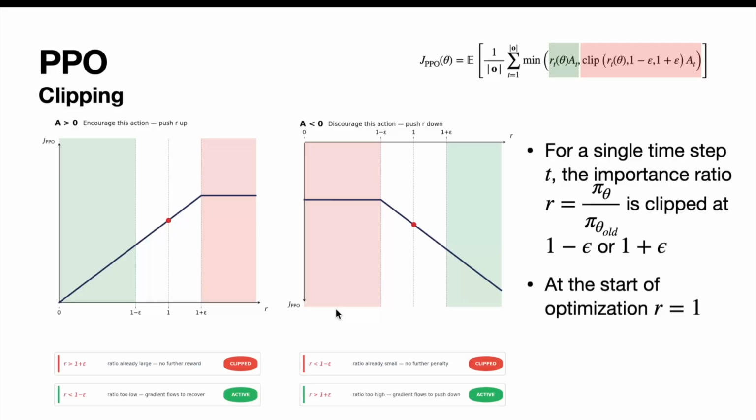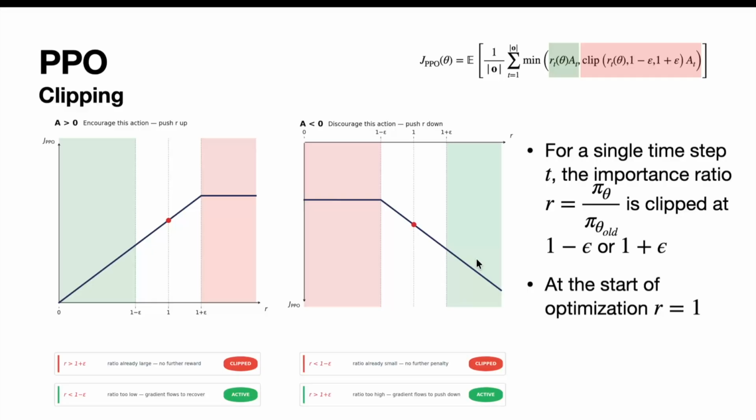But again, PPO does not want the update to go too far. Once R is smaller than 1 minus epsilon, the objective becomes clipped. So, reducing the probability even more gives no additional benefit. And if R is larger than 1 plus epsilon, it means the probability of a bad token is still too high.